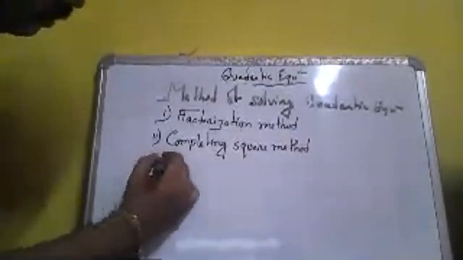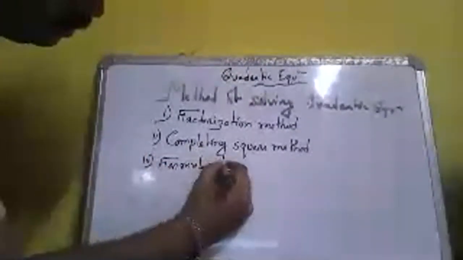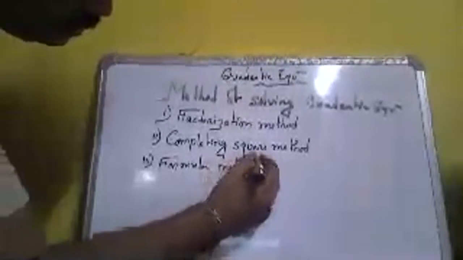And third one, formula method. These are the methods of solving quadratic equations.